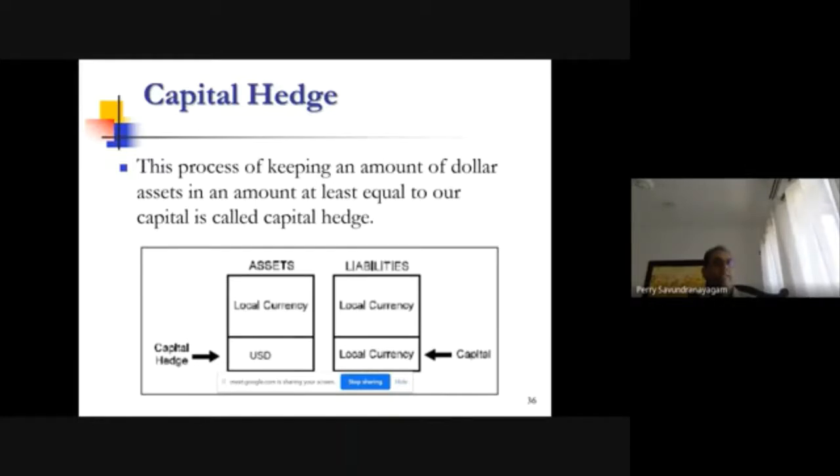When you have this capital risk, you don't know when the capital might be recalled, or it could be something that you're just revaluing every year when you have to report your profits. Not that the capital is going to be taken away, but when you report your profits, you will show an exchange gain or loss based on the movement in a particular exchange rate.